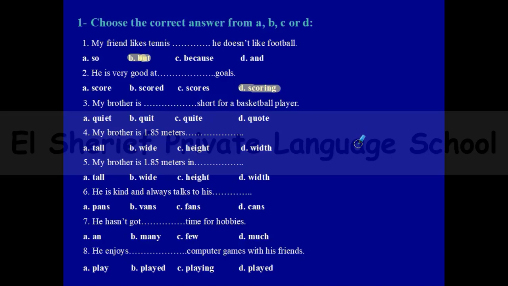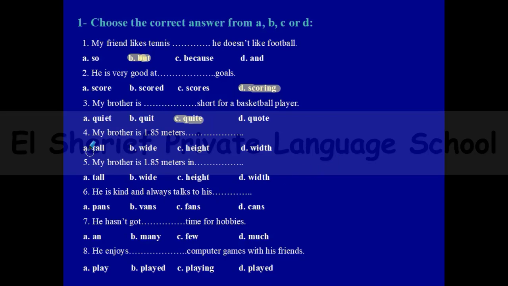Yes, great. Number 3, my brother is space short for a basketball player. So here, which one is the right answer? Quite with ET or quite with TE? So the right answer here is quite with TE, because letter A here equals calm, so it's not the right answer. Number 4, my brother is 1.85 meters, tall, wide, height, or width.